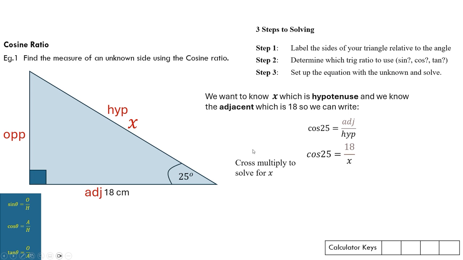Cross multiply to solve for x, and we end up with this equation: cosine of 25 times x equals 18. Using our calculator to find out what the value of cosine 25 is, we can go through those steps again.